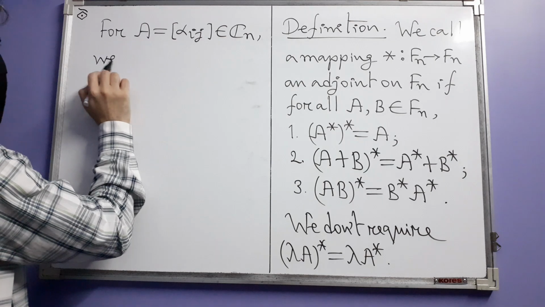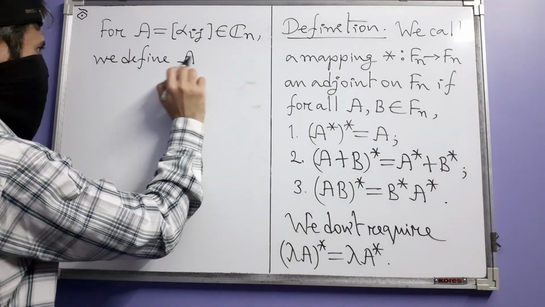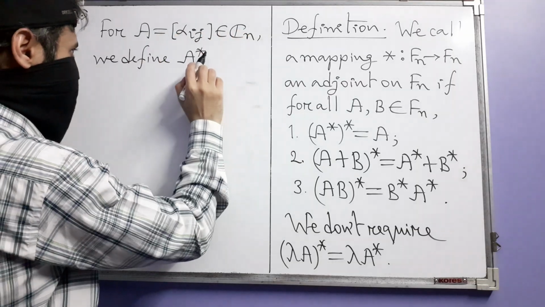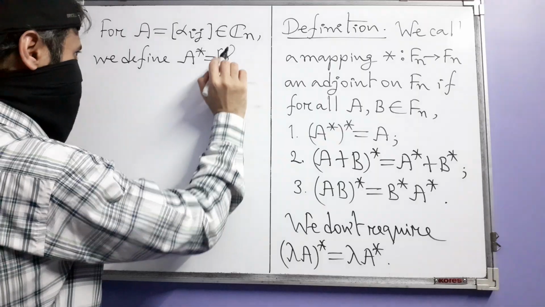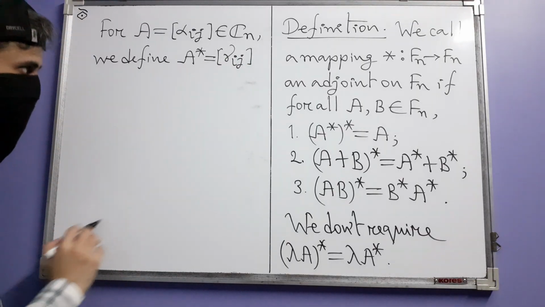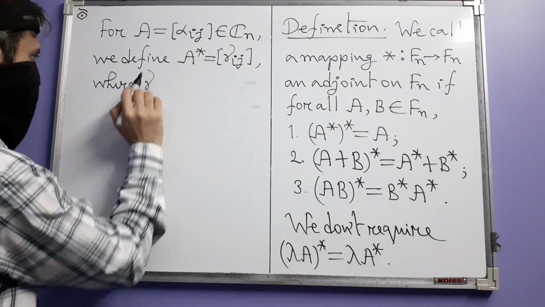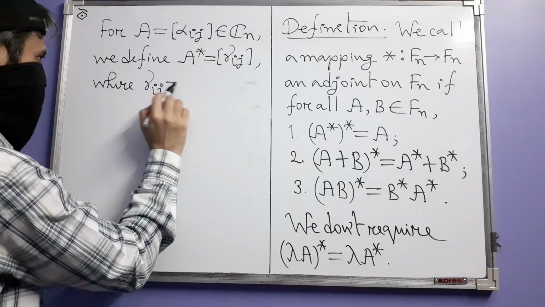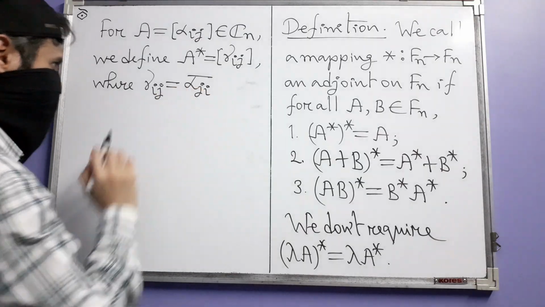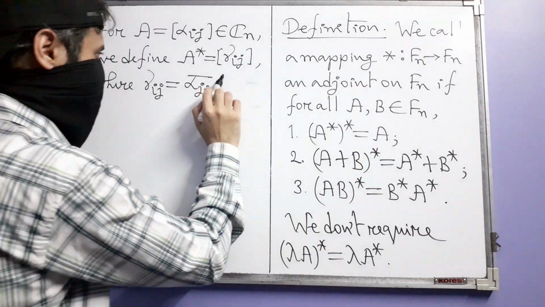We define A star, so this is our special star on this algebra, to be a matrix whose ith row jth column entry is gamma ij, where gamma ij is alpha ji bar, and this bar denotes complex conjugate.